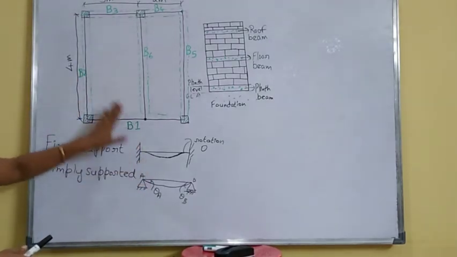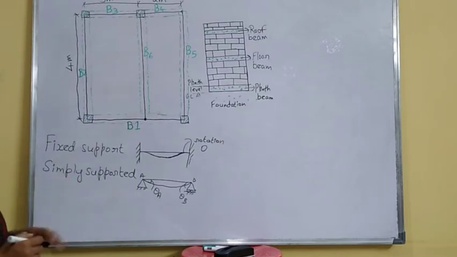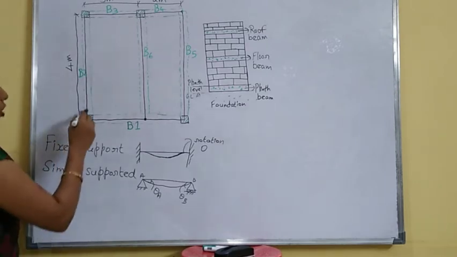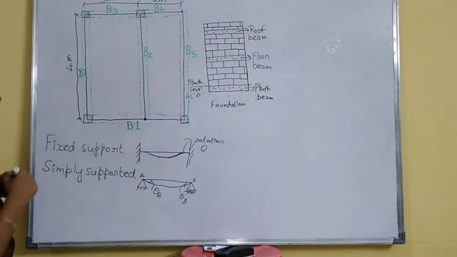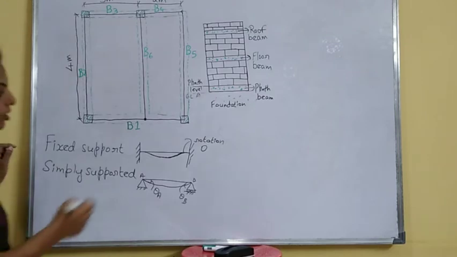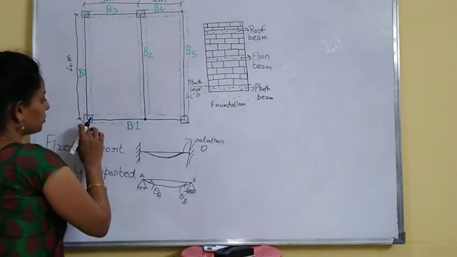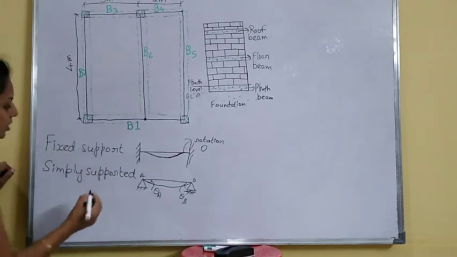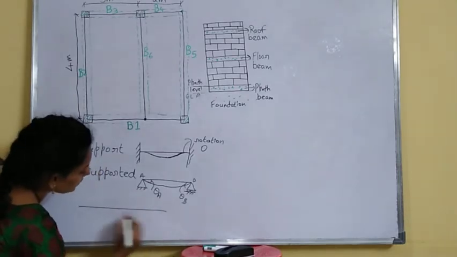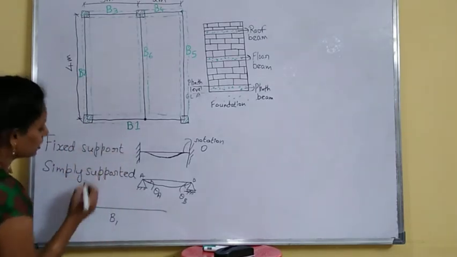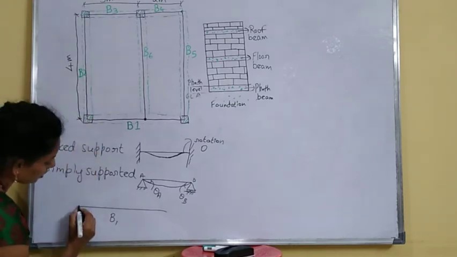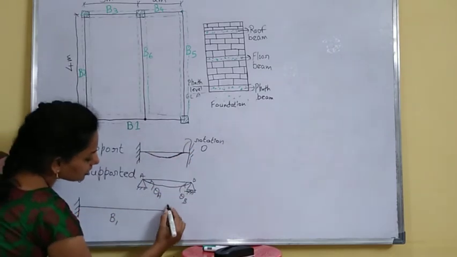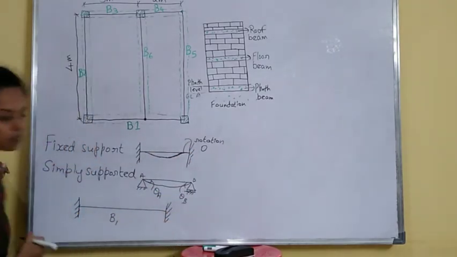Okay, so usually in the field or at the construction site, the column and beam junction is something we will consider as fixed support while calculating. Okay, see here, suppose this is your fixed support. Suppose this is your B1 beam according to this layout. Here there is a column, so it will be fixed at this point, and again here there is a column, so it is fixed at this point.